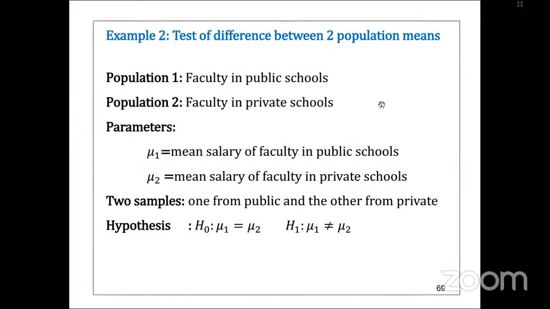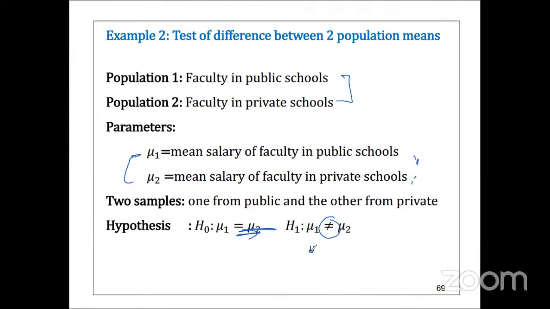This is one more example. Faculty in public schools and faculty in private schools are my two populations, and I want to compare whether the mean salary of faculty in public and private schools is the same or not. I know that public school faculties are not given proper salary.